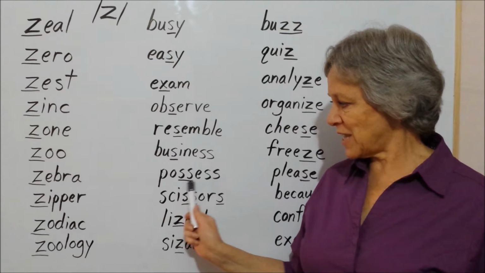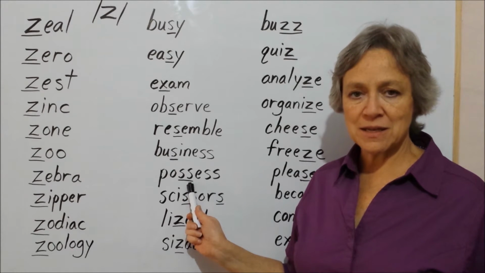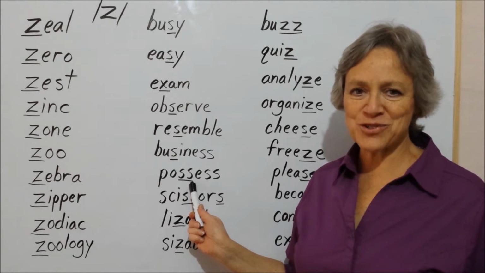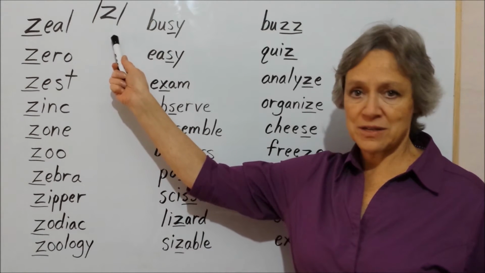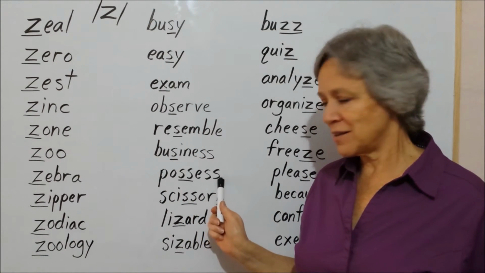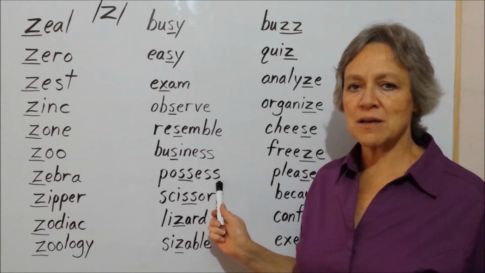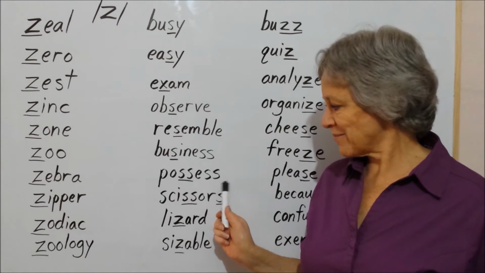Here, I have two sets of double S. The first set, possess, these two letters do make the z sound, but the second two letter S's, they do not make the z sound. They make s, the voiceless sound.